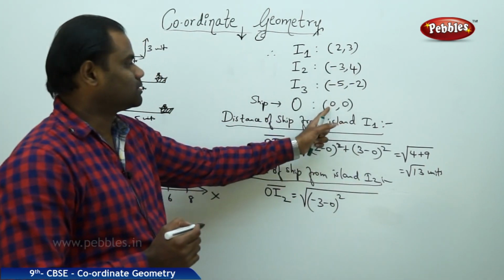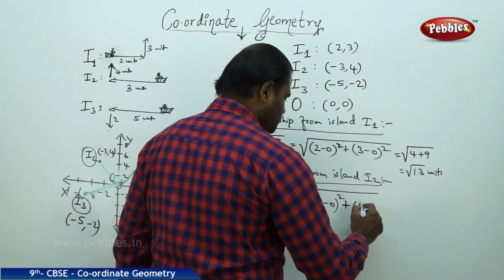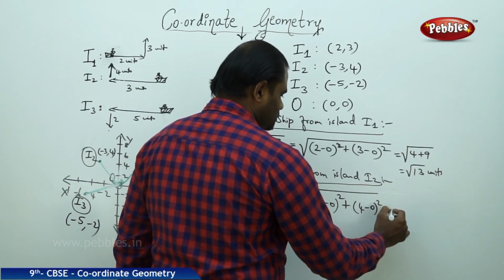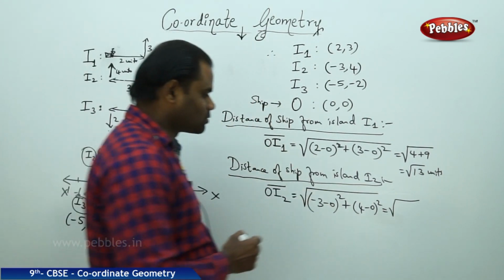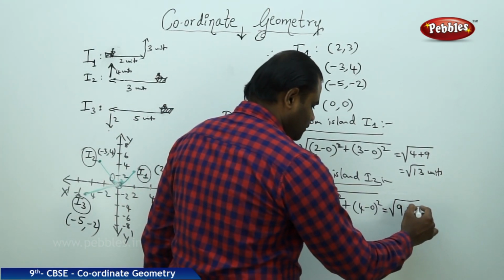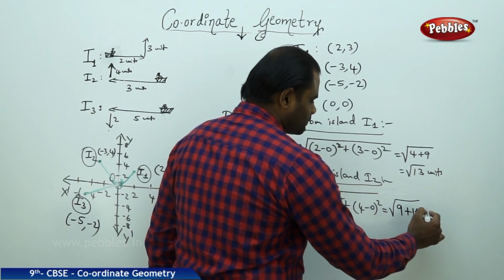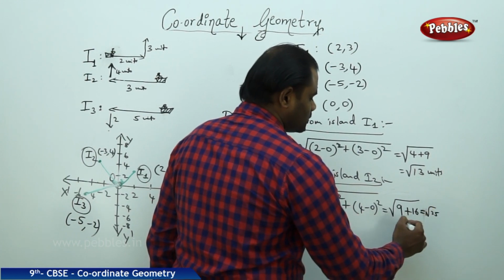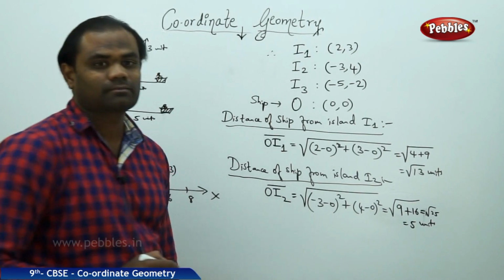Therefore, I have root of -3 minus 0 whole square plus 4 minus 0 whole square. On further simplification, this gives -3 whole square, which is 9, and 4 square, which is 16, which gives me root 25, which is 5 units.